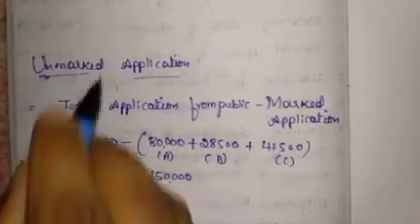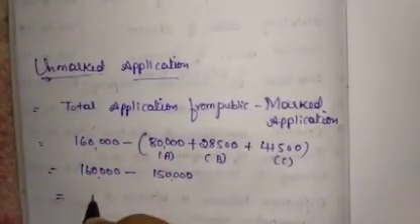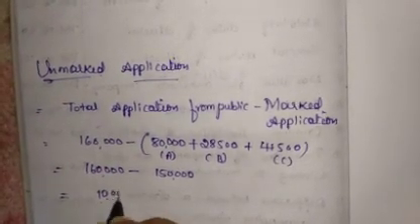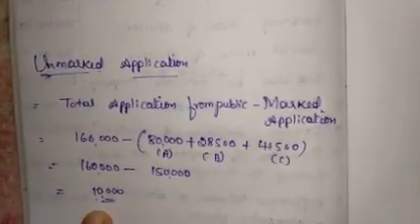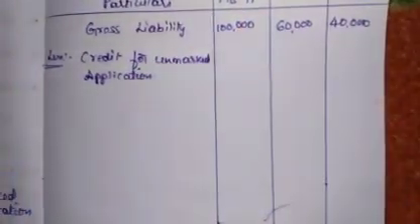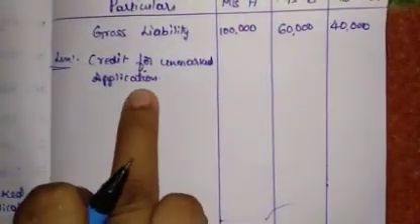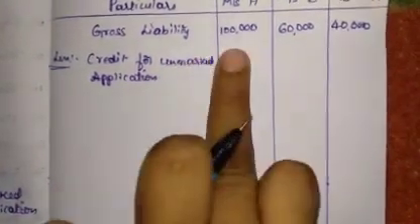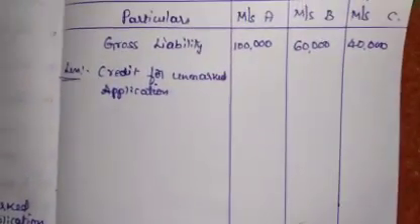So you'll get unmarked application, that is 10,000. You have to give the benefit of unmarked application to all the underwriters, because underwriting is for the whole of the issue. That's why we are giving a credit of unmarked application to all the underwriters.